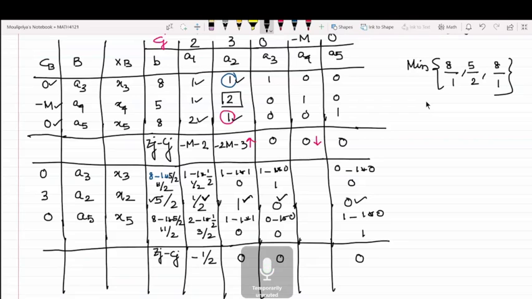Are we correct? So can we say, do we have an optimal solution at this point of time?